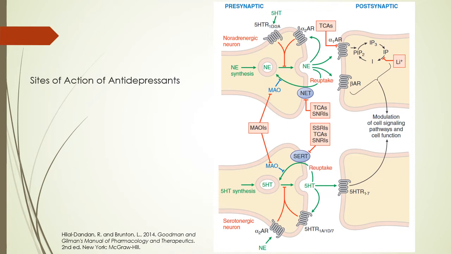The activity of norepinephrine on the alpha 1 receptor leads to an increase in intracellular calcium via the inositide pathway. So alpha 1 is coupled to Gq, and the activity of Gq would be transduced by the formation of inositol triphosphate.